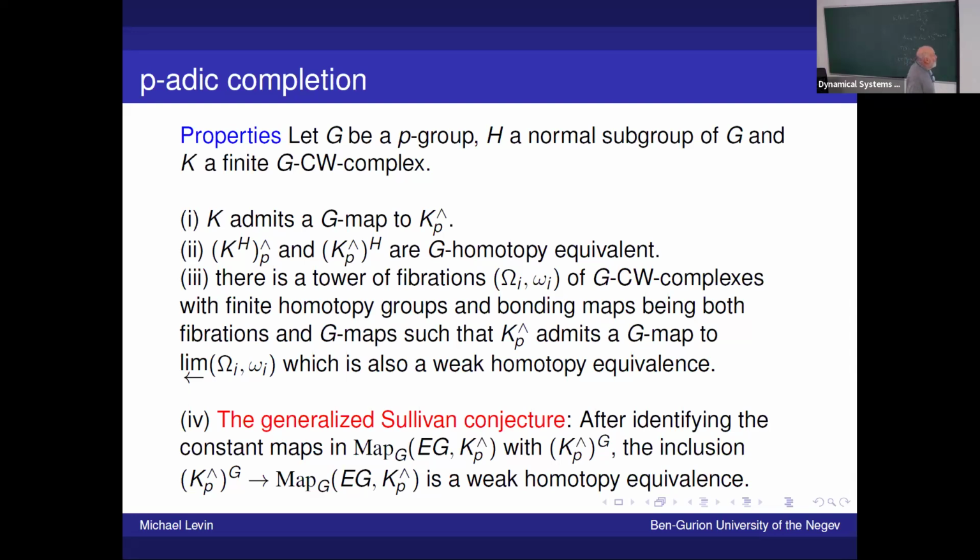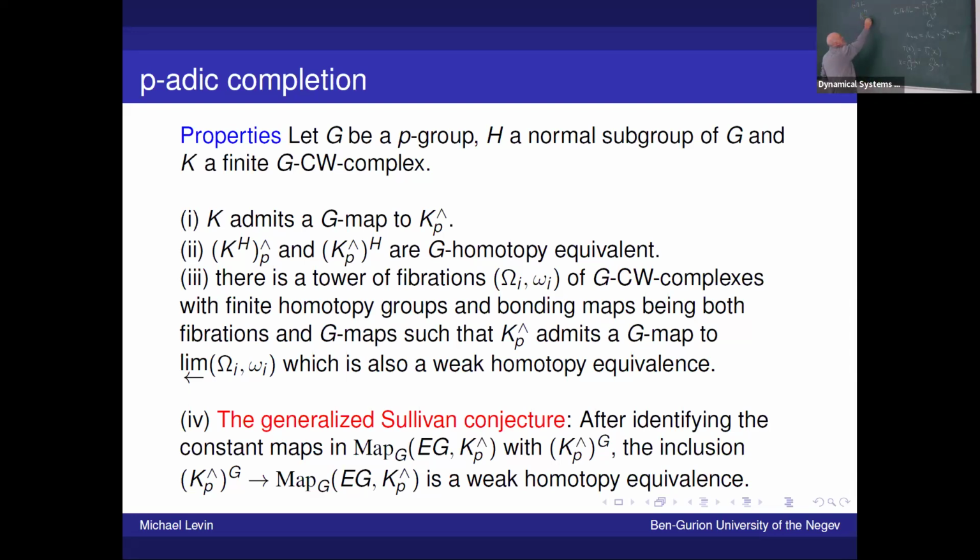Now, for a G-CW complex or G-space K, and H a subgroup of G, not necessarily normal, we can consider any subgroup.